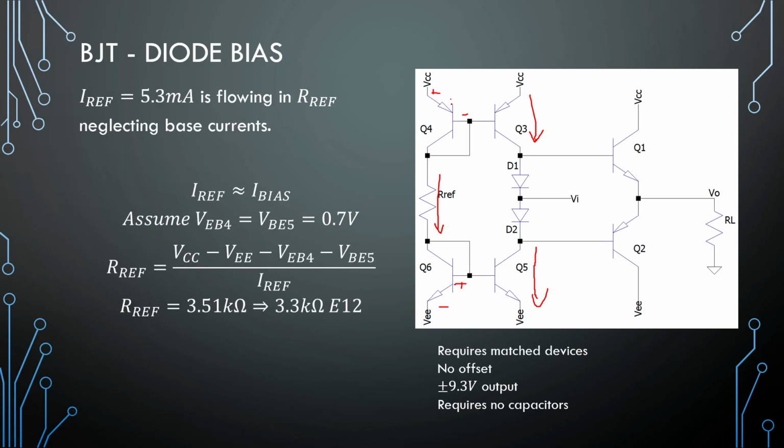So the assumption is that this voltage and this voltage is 0.7. We'll mirror the current over to that side. So we have VCC minus VEE, and subtract both these VBE voltages.